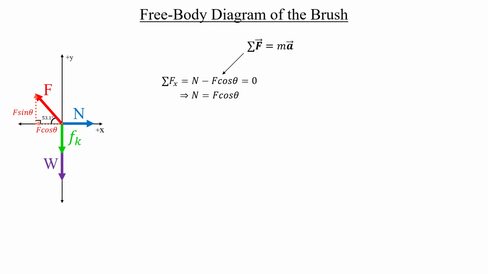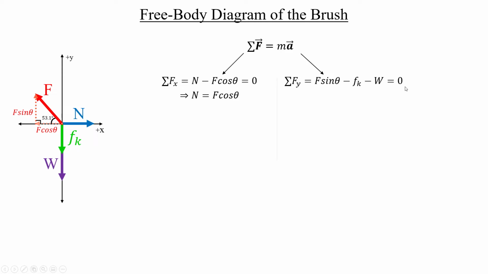There's nothing else we can do in this direction, so let's hop over to the sum of forces in the y direction. We have the component of F pointing upwards here, F sine theta, so that's our positive term. And the two other terms that are negative are the kinetic friction and the weight, which point directly downward.